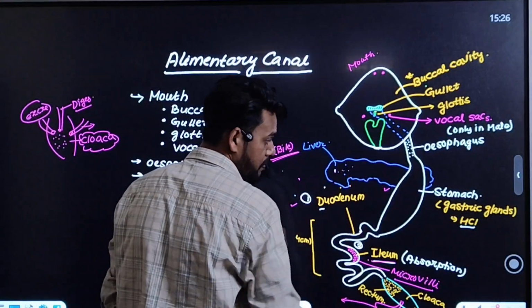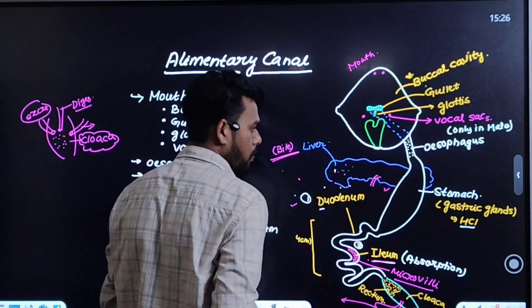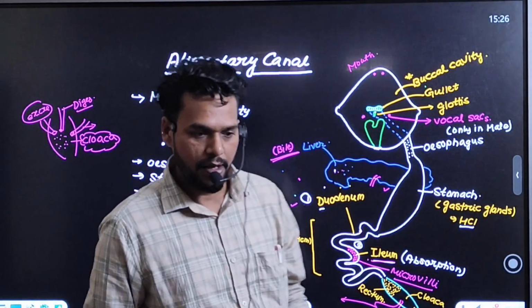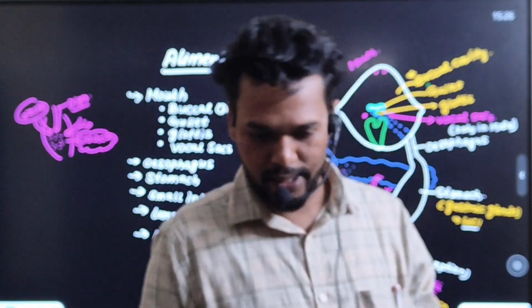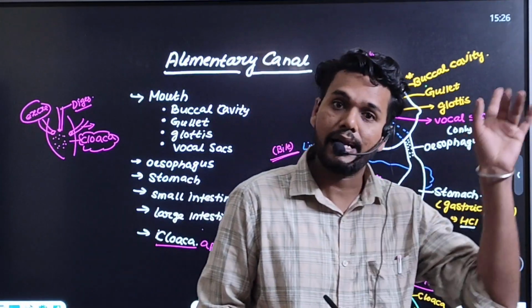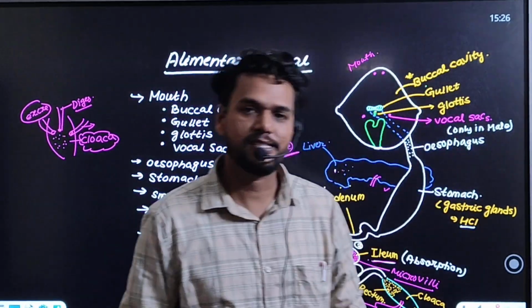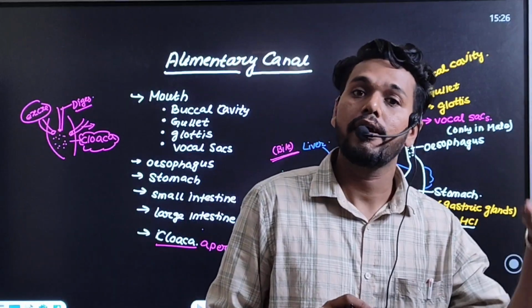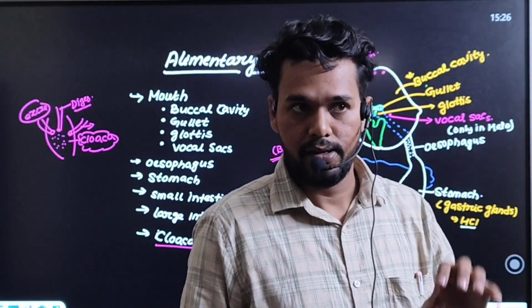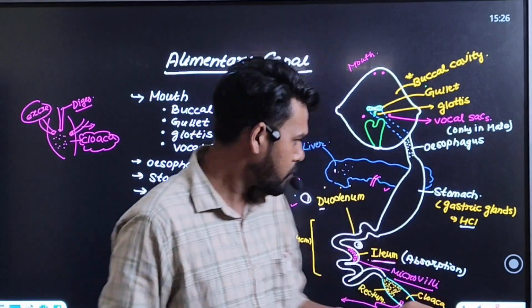This bile juice is transferred through a duct. We already discussed in previous classes that if a gland releases its product through a duct, that type of gland is called an exocrine gland. In an exocrine gland, the product is released through a duct.